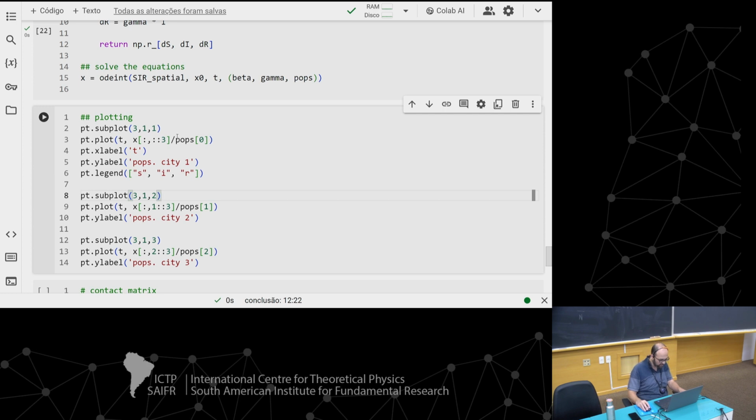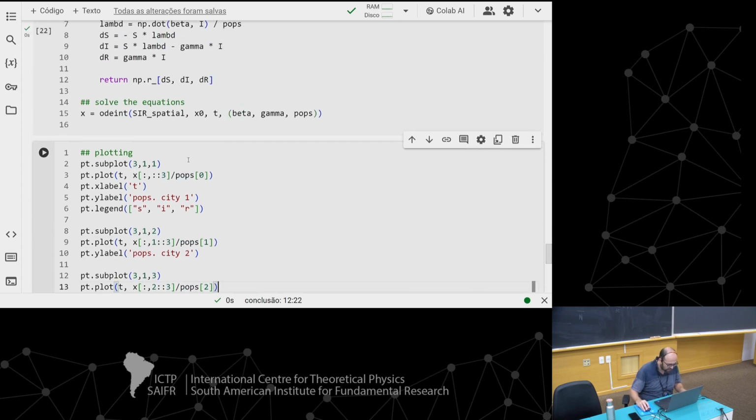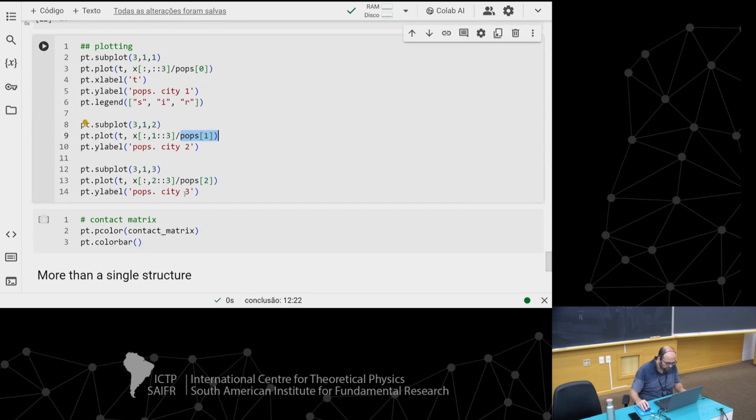This takes columns 3 by 3, so I take the first, then the fourth, and then the 7th value. So this takes S, I and R for city 1, this takes SIR for city 2, and this takes SIR for city 3, and divides by the population of city 1, city 2, and city 3. This is why I didn't do the split.